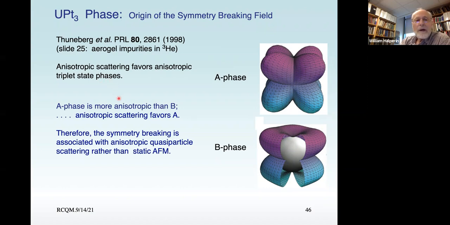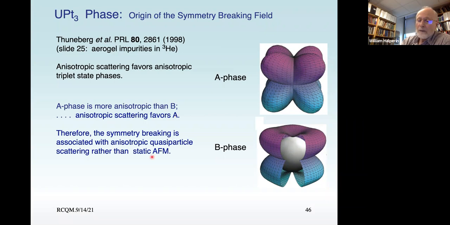And so the A phase, which is more anisotropic than the B phase, anisotropic scattering should favor the A phase. So as you reduce the prism plane stacking faults, you should favor the B phase, even though it's the chiral phase.